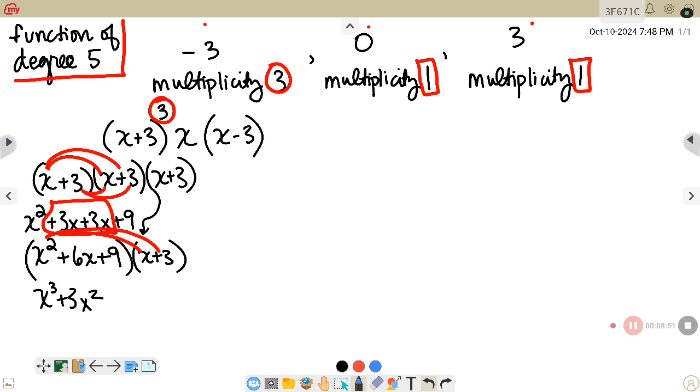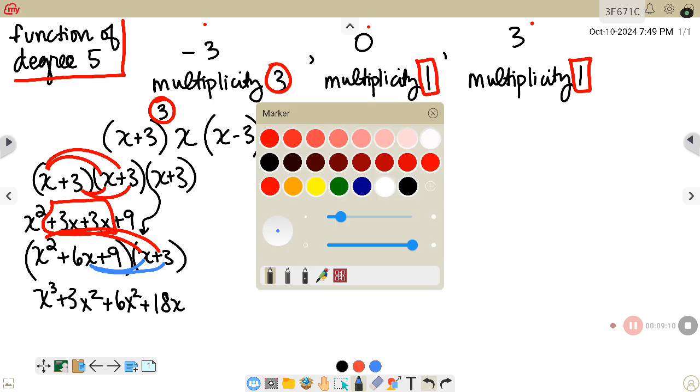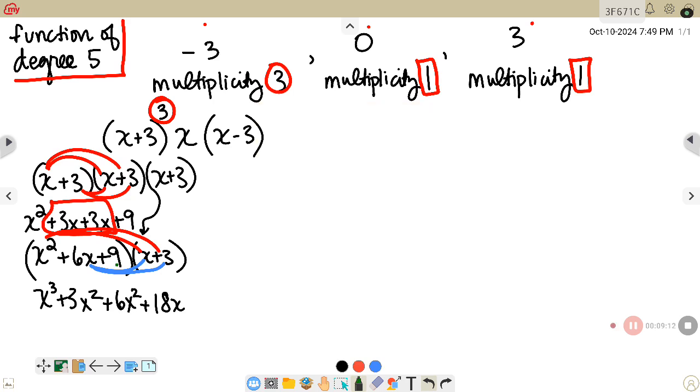Then I'll distribute the 6x to both of these. 6x times x gives me 6x squared. And then 6x times 3 gives me plus 18x. And then the 9 to both of those. So 9 times x gives me plus 9x. And 9 times 3 gives me plus 27.